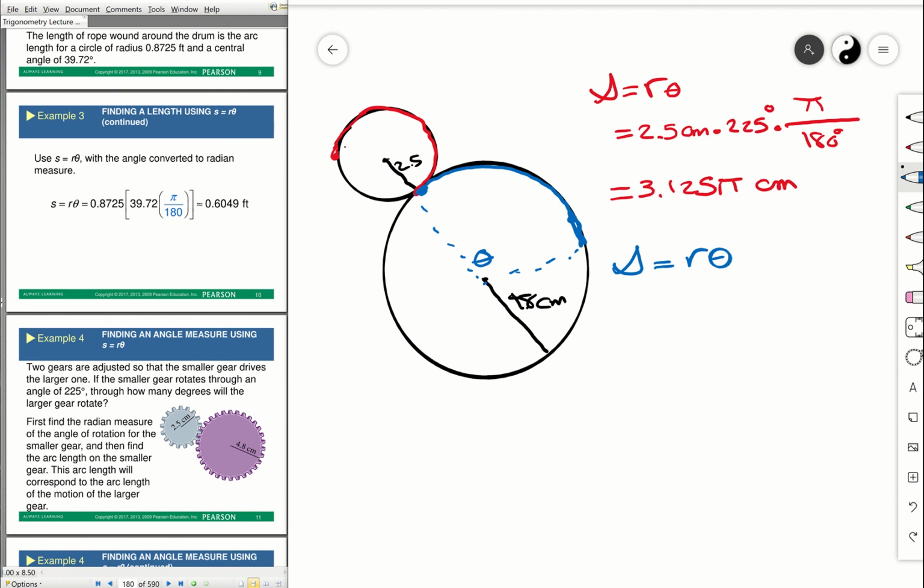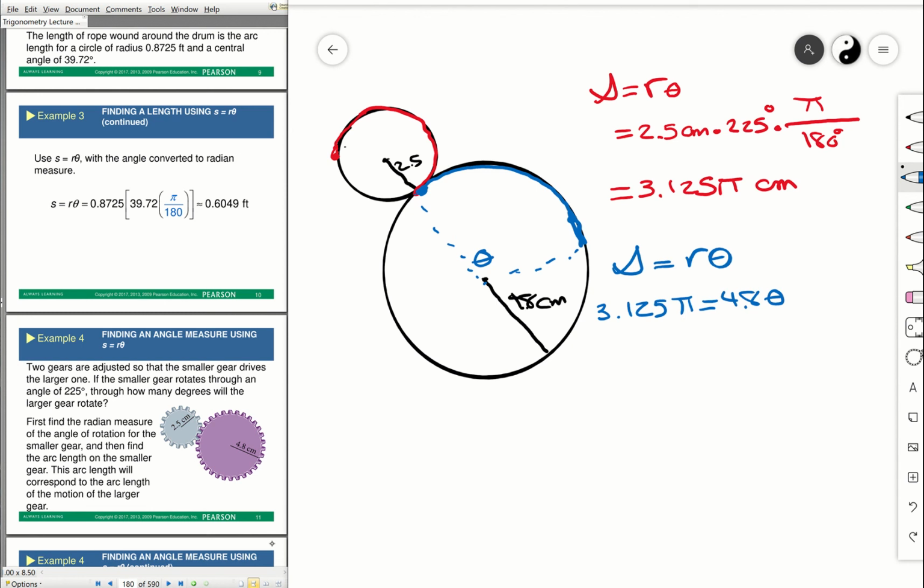But this time we know what S is because it's going to be the same S. So 3.125 pi equals, we know the radius of the large gear is 4.8, times theta.